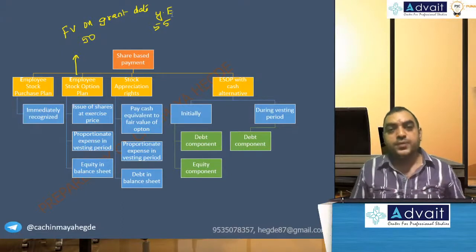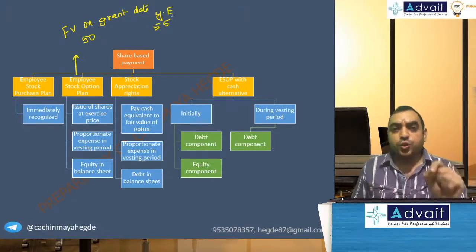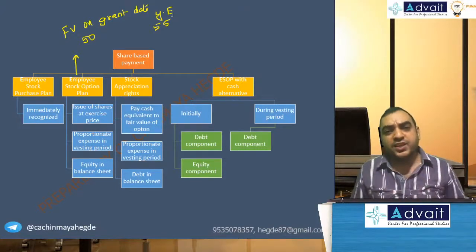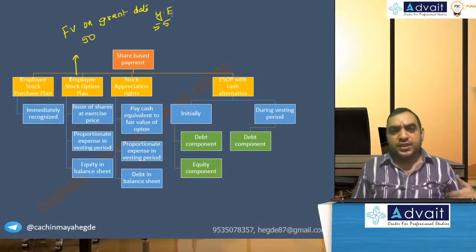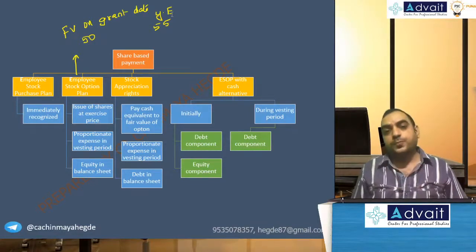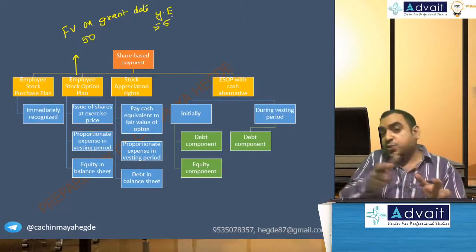For example, a company issues equity shares. They record it as bank account to share capital, to securities premium. Next day, the share price changes in the stock market. Do you think the company will account for the share price changes in the equity element? They don't. So an equity element, once recognized, is not remeasured, except in exceptional cases.